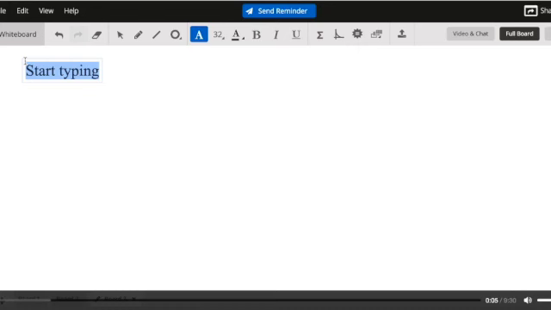Okay, so right now we're going to talk about the two types of linear equations for Algebra 1. So we got, let's just type this out, linear equations.